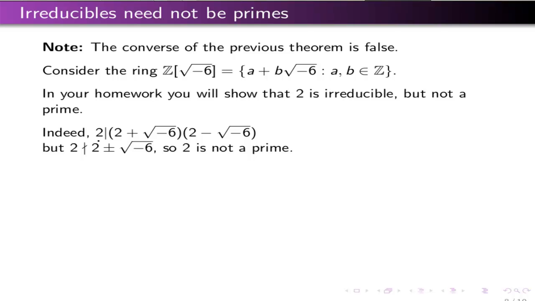So indeed, you'll show that 2 is a divisor of the product of these two objects, but it's not a divisor of either one. So we've got an example of an irreducible element that is not a prime. And there's lots of examples of this type. So in general, irreducibles need not be primes. You can work out the details on this one as a homework problem.